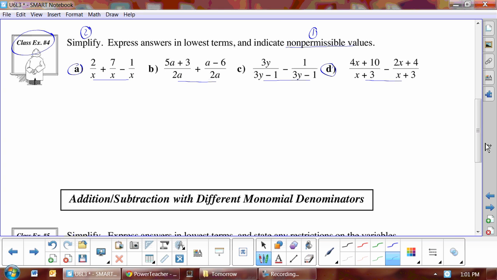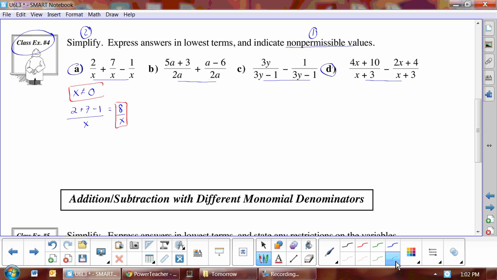So what's our non-permissibles in A? Yeah, exactly. So x cannot equal 0. And then we go, okay, so that's 2 plus 7 minus 1 all over x. And then we get 2 plus 7 is 9, 8x. So our restriction and our answer.